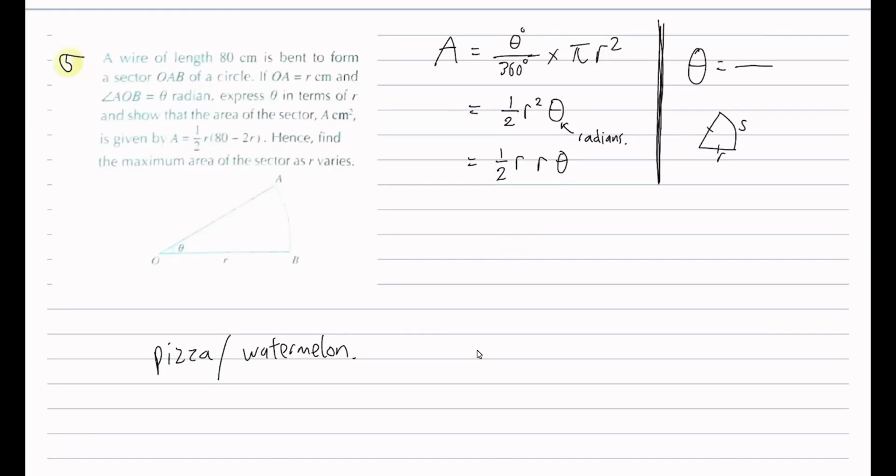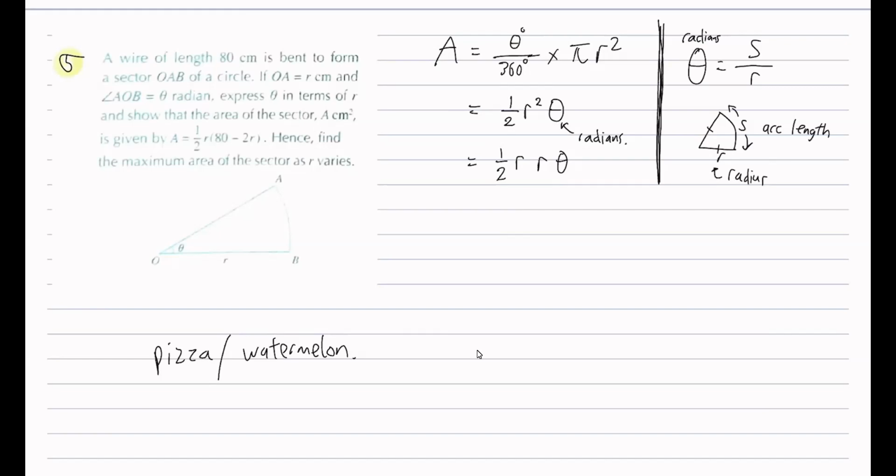Theta equals to S over R. The curvy part of the pizza, also known as the arc length S, divided by the radius. Arc length divided by radius, S over R.